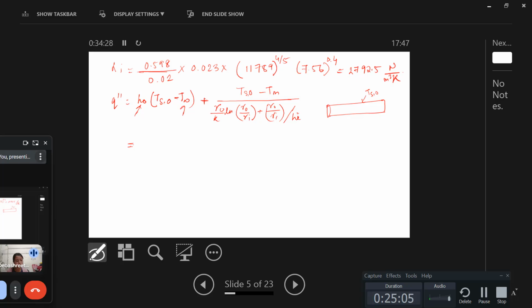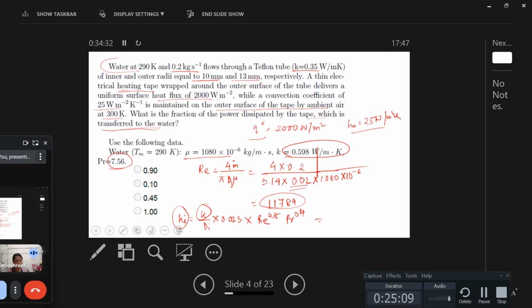So we know H naught, we know T infinite, we don't know Ts because the surface temperature is not given. So from this equation we need to find out the surface temperature of the Teflon tube.